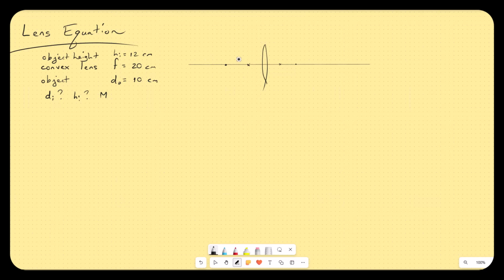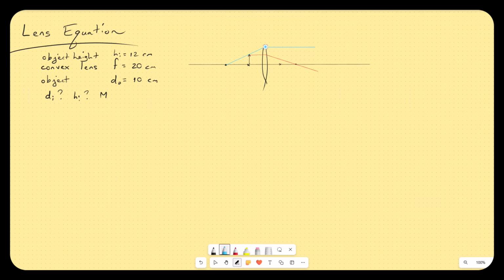If I've got my object at 10 centimeters, here is one ray that's parallel, and then through F. Here's a ray that goes through F prime and is then parallel.